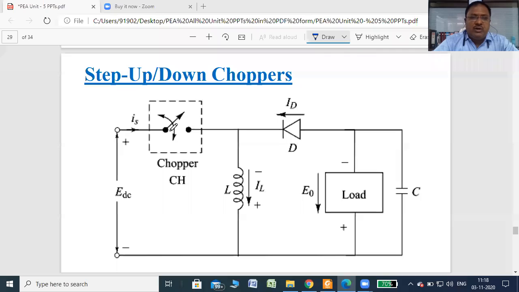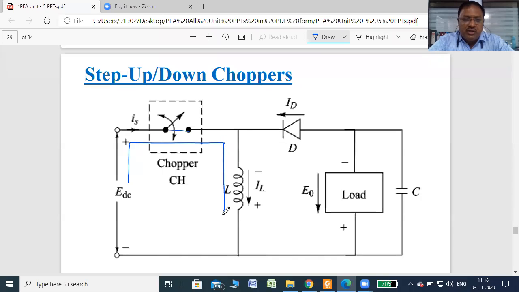If the switch is on, what happens? Then the current flows through this particular switch, right? That time the diode is in reverse bias condition, so current flows in this direction, and the inductor stores the energy with the polarity upper positive and lower negative terminal.